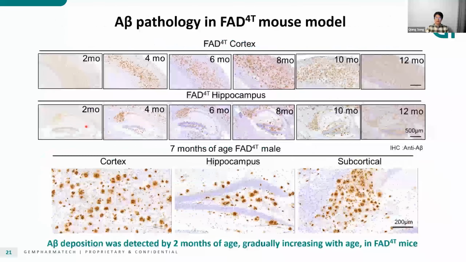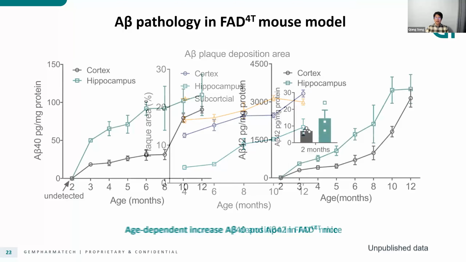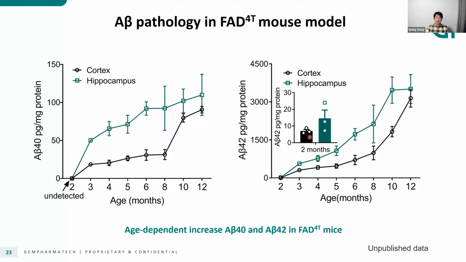And we also quantified the A-beta plaque area in different brain regions in FAD40 mice, which clearly indicates an age-dependent increase of A-beta deposition in the FAD40 mouse brain. Among all kinds of A-beta isoforms, A-beta 40 and A-beta 42 are believed to be the most important ones. Quantitative analysis of A-beta 40 and A-beta 42 in the mouse brain also reflects a similar increase pattern as the A-beta deposition in the FAD40 mouse model.